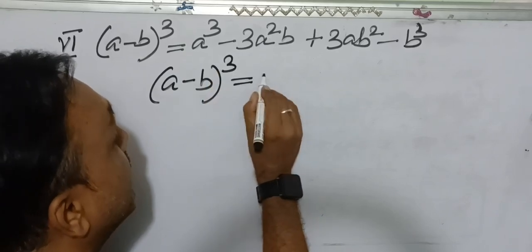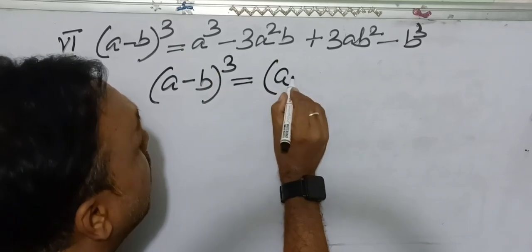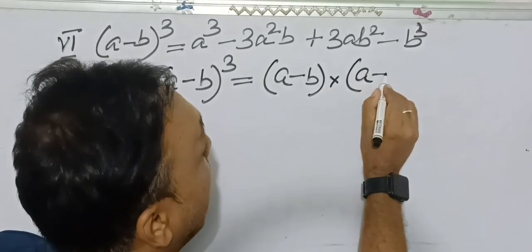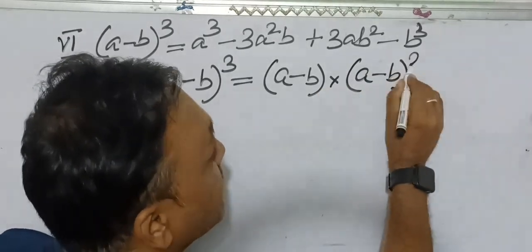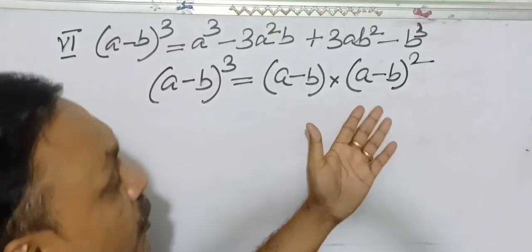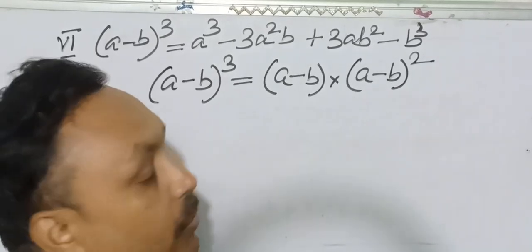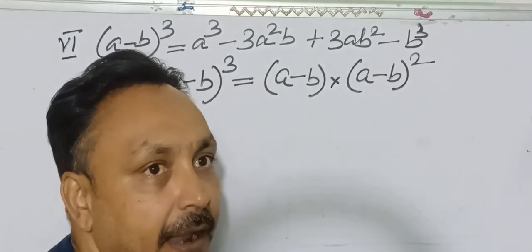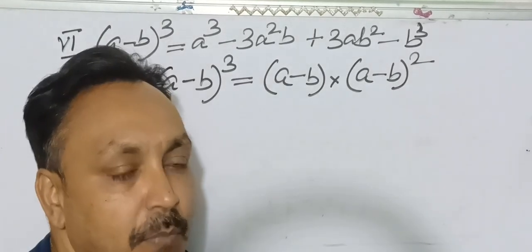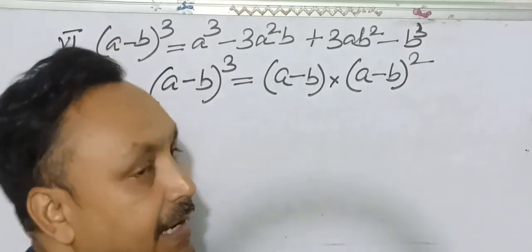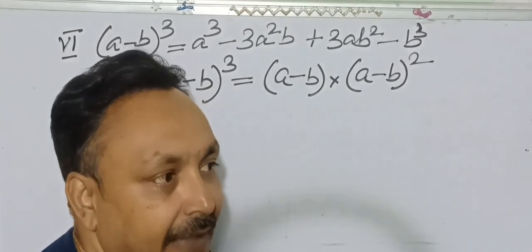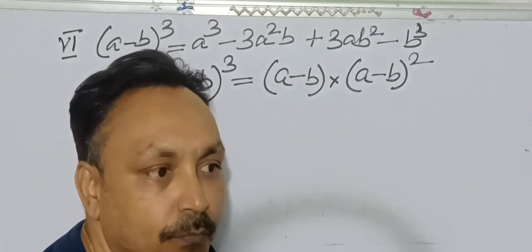We can split (a − b)³ into (a − b) times (a − b)². And as you know, (a − b)² is one of the identities, and it is equal to a² − 2ab + b². This identity I have already derived in my previous video, and the link I have given in the description box.